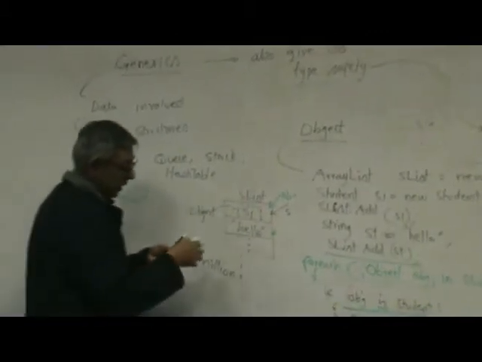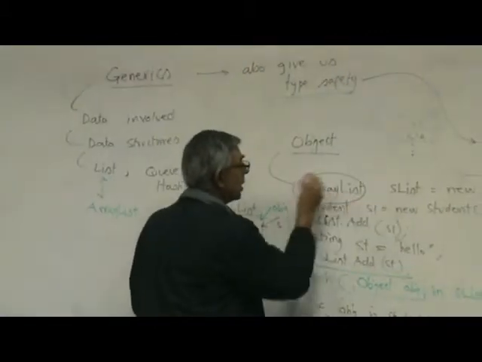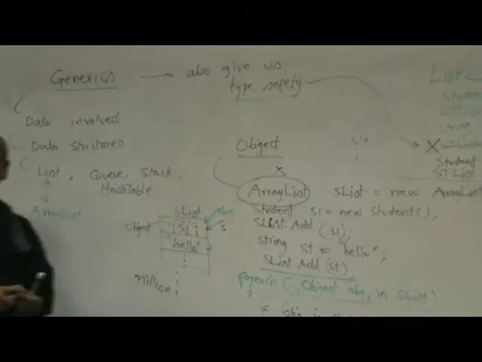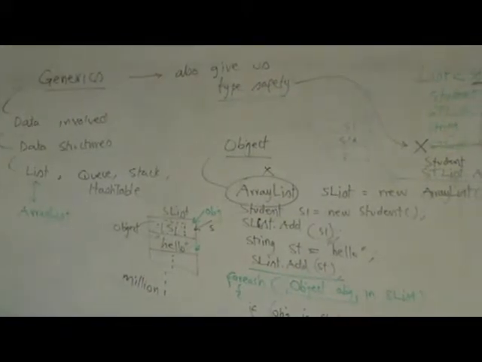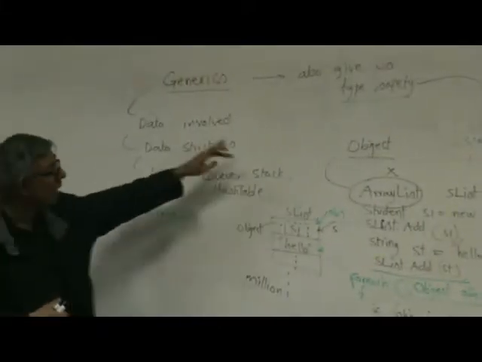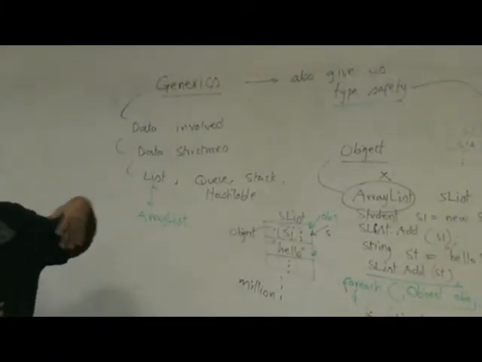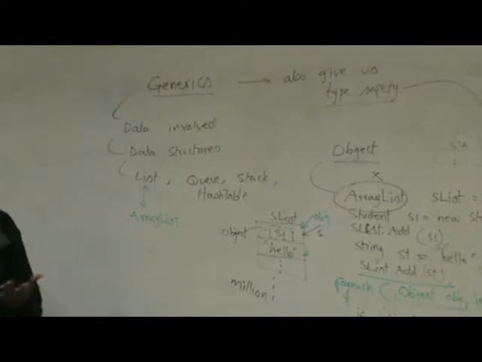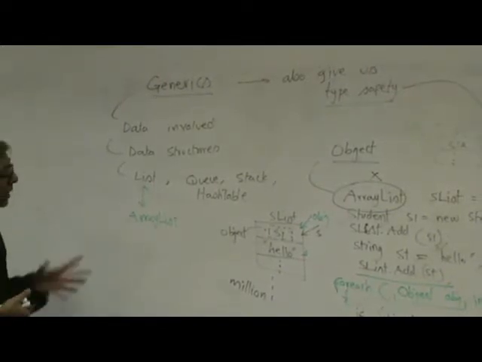So from now on, never use an array list. There's really no need for it. If you have to store data, create a list. If you wanted a stack, again, there's a pre-built Stack class where you can create a stack of integers or a stack of doubles and so on.